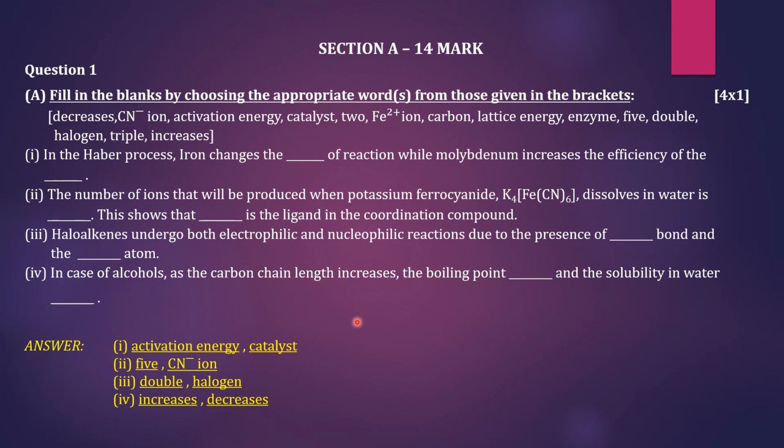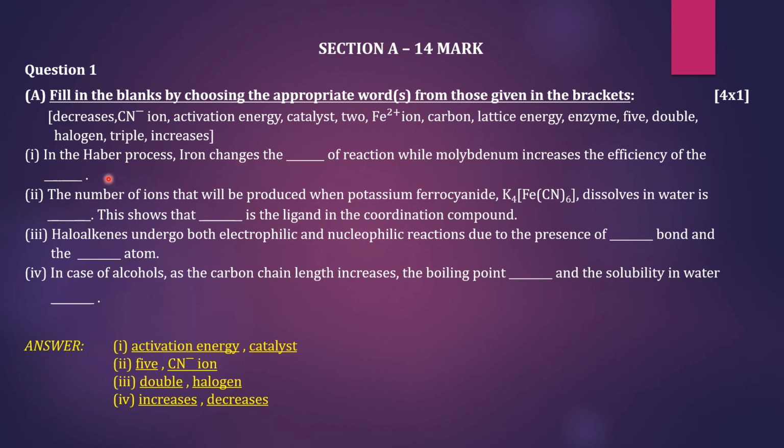Number one, either you increase the temperature, that is why rate of reaction increases on increasing temperature. Another, you decrease the activation energy, then also K will increase. So that is the role of catalyst. It stabilizes the transition state, thereby decreases the activation energy, and hence the rate of the reaction increases.